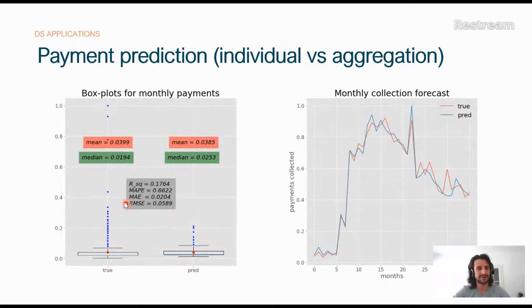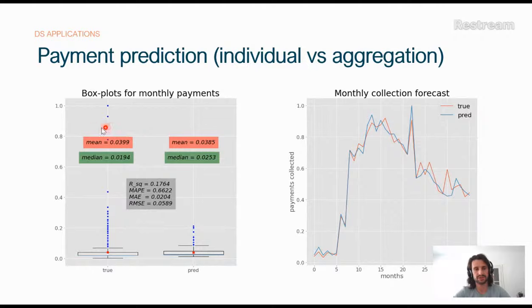And there are a lot of metrics to evaluate the regression model. I put a lot of them here. And I could just say that they are very bad, really bad. So this model could hardly be used for anything meaningful. But the nice thing is that our model could really predict the mean of the population well.